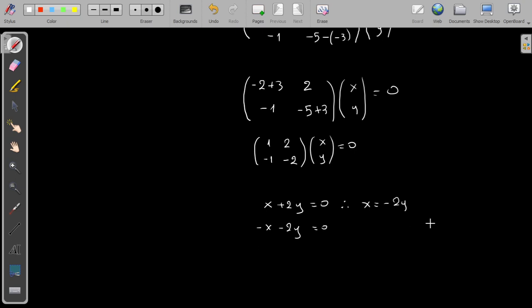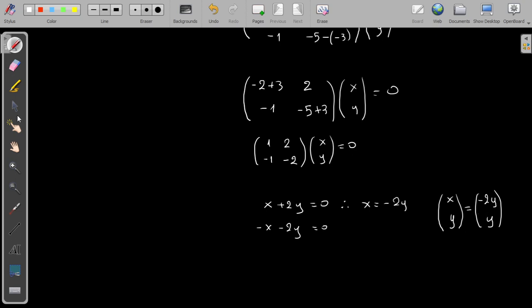So what does this mean? It means that my vectors that produce the space are x, y. So now, to find my eigenvector, I will substitute instead of x its value in terms of y. So x is going to be minus 2y, and here y stays as it is.